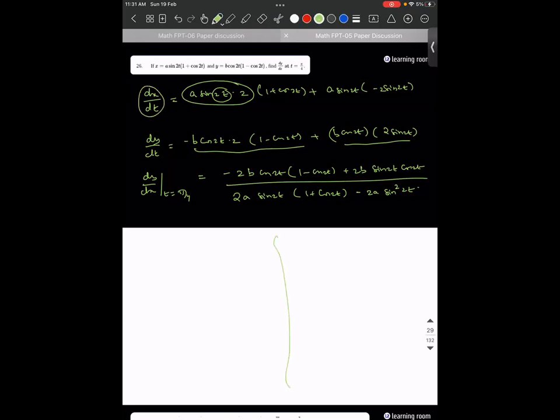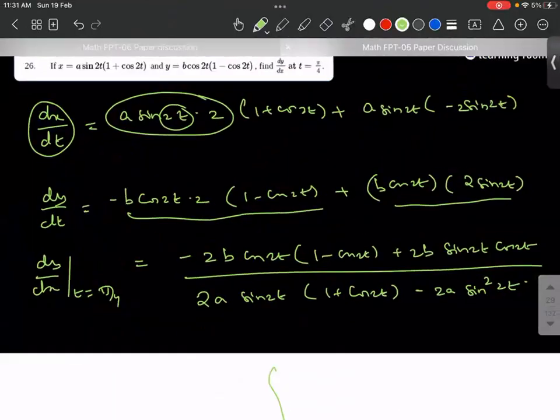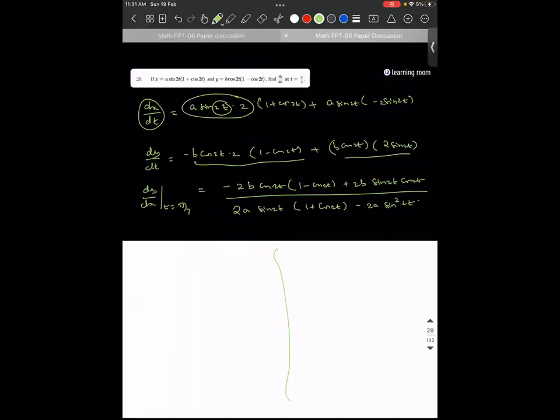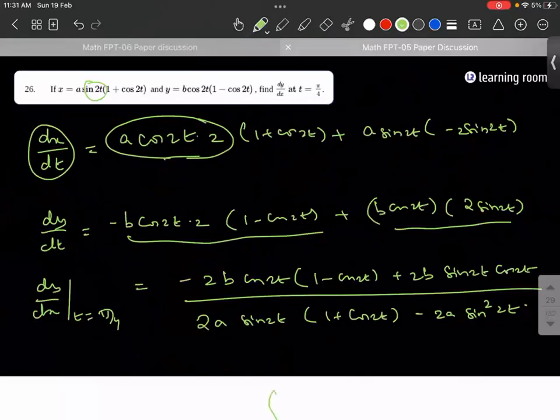So dx by dt is correct then. Then there is no mistake, no. There is a mistake here. A into derivative of sin 2t, no. So here itself you'll get the answer.